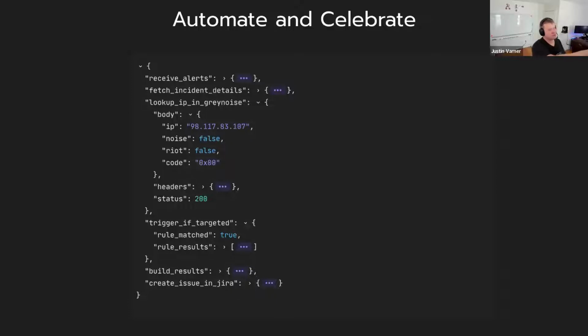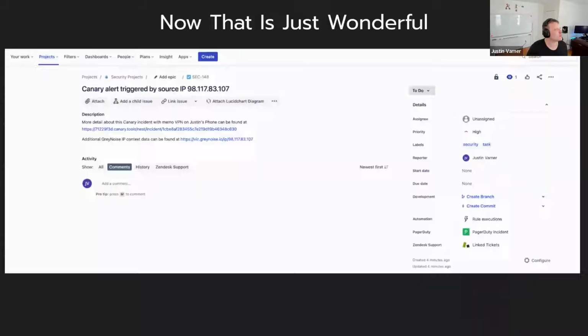Exactly what I said here. Here's my IP. Here's the fact that it's not noise and it's not part of the RIOT. And because that's true, it moves on to the next step. Trigger if targeted, rule matched, build the results, and so on and so forth. So it's a really simple, easy way to automate and save a ton of time.